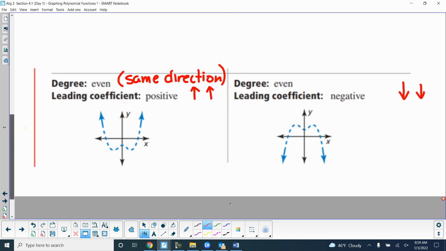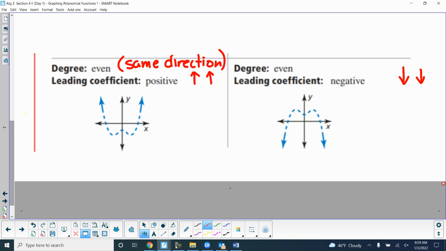So, you have a graph that has the two ends going up or the two ends going down when the degree is even. Leading coefficient positive, they're both up. Leading coefficient negative, they're both down. Questions?